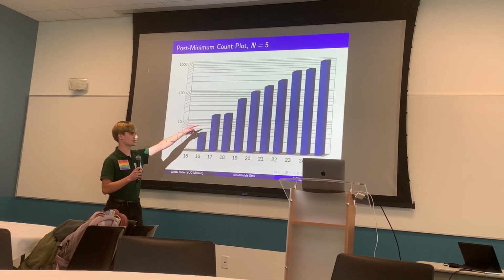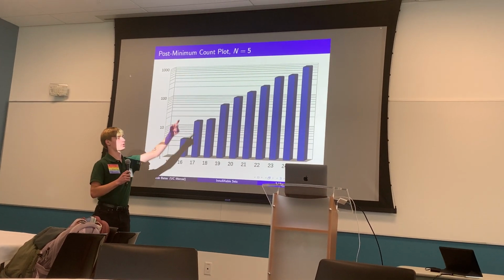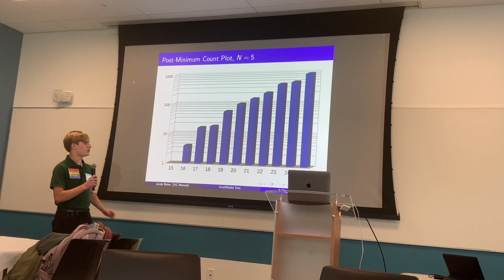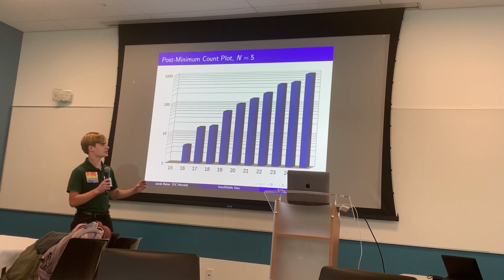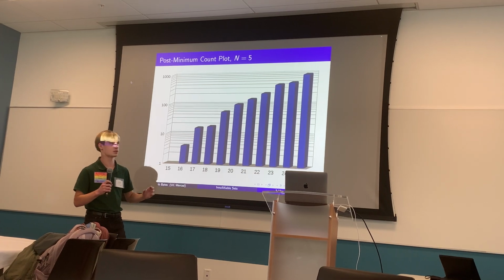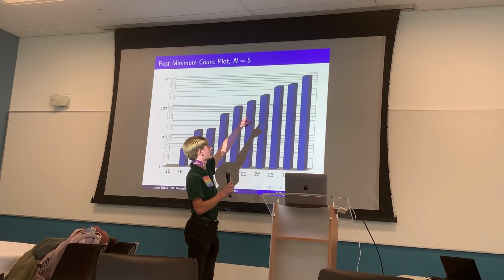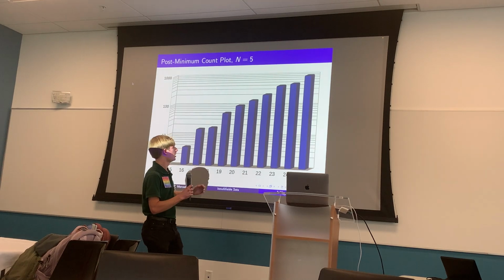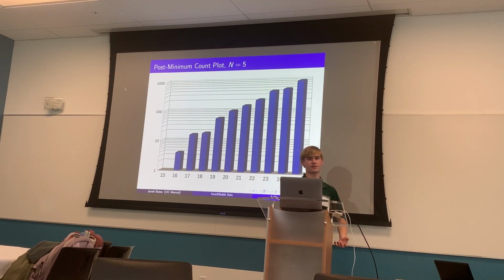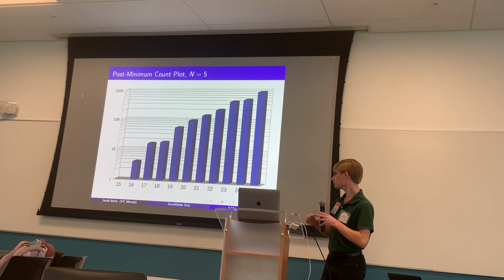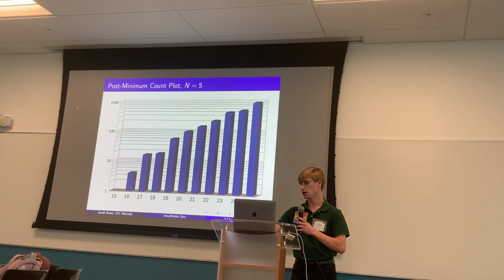Then, as we advance to 17, there's 16 of them, and so on. And it does increase, but it's not smooth, and the inconsistencies seem to have to do with the factorization of numbers. You see there's a big jump at 23. 23 is prime. That's my best theory. And 25 only has 5 as a factor. So that's quite nice.